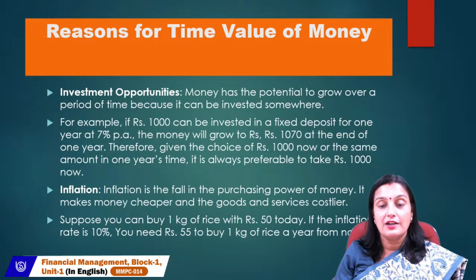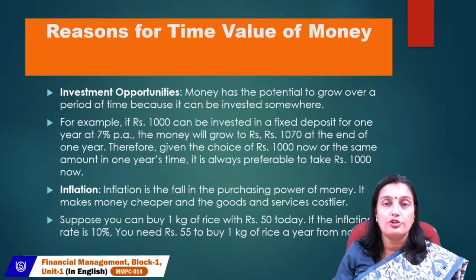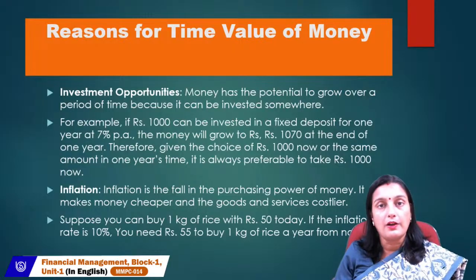So you cannot say that the same 50 rupees will give you the same purchase value after 1 year, because the inflation rate is increasing. Whatever quantity you purchase with 50 rupees today may be costlier in the future. So analysis of inflation under the time value of money is also an important aspect.